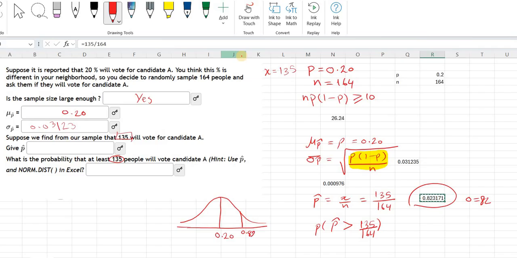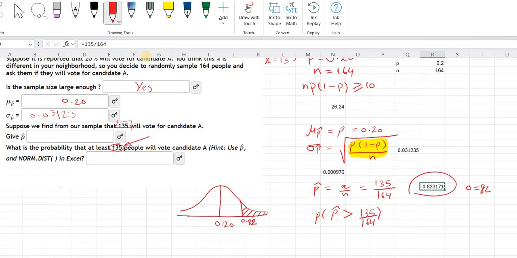Notice that if you deal only with the number 135, there is nowhere you can fit it into this normal distribution, because all of the numbers at the bottom are proportions, that is basically less than 1. So there is nowhere for you to fit it. I'm looking for this area right here, so I want to find the area to the right of 0.82.